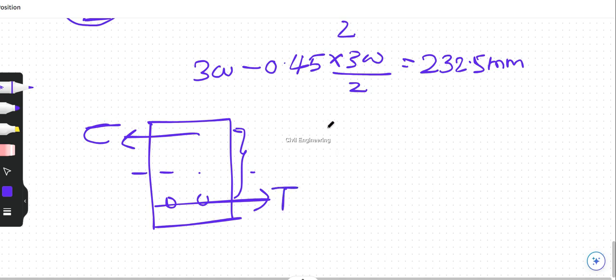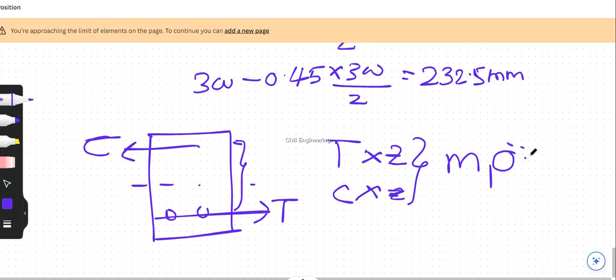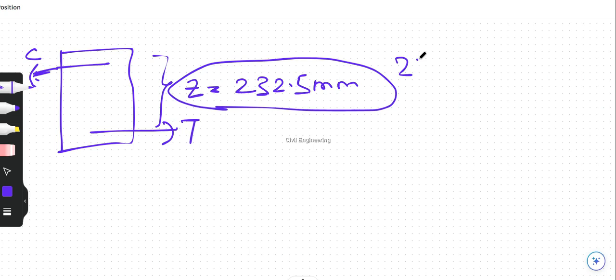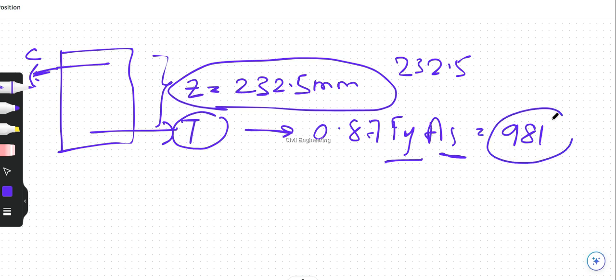It means we can find it by using T into Z or C into Z, that is equal to the moment of resistance. The depth of the lever arm is equal to 232.5, and the tensile force, we know it is equal to 0.87 fy As. Here fy is 460 and As is 981.